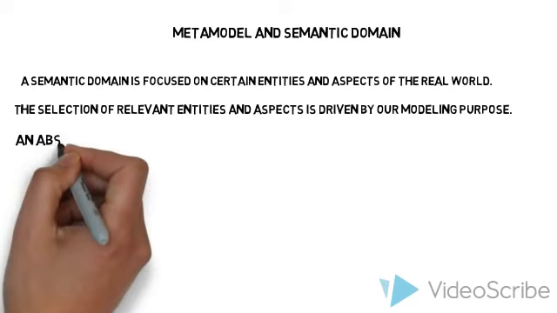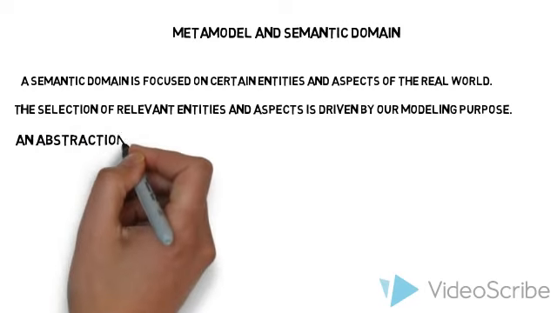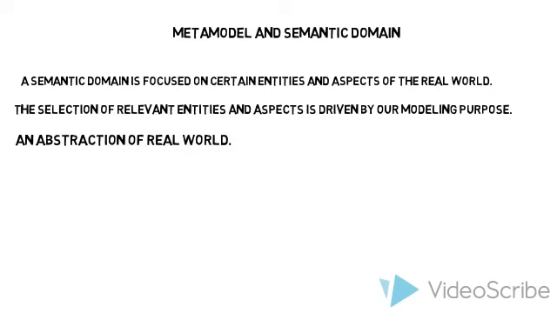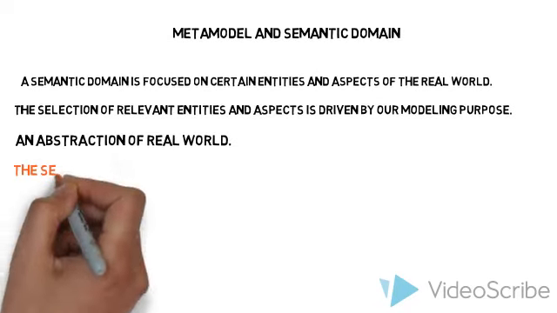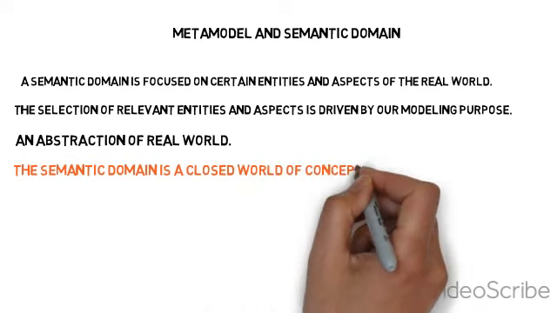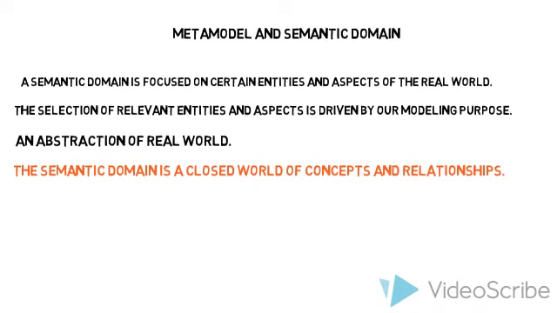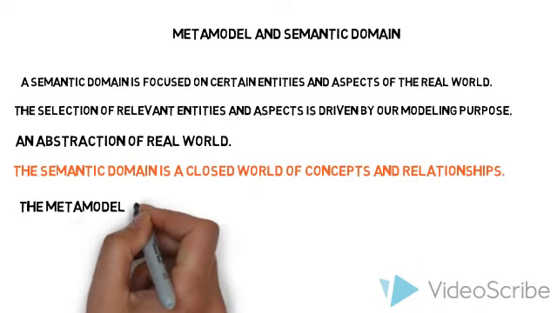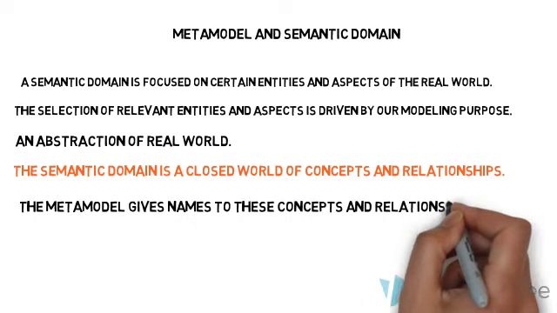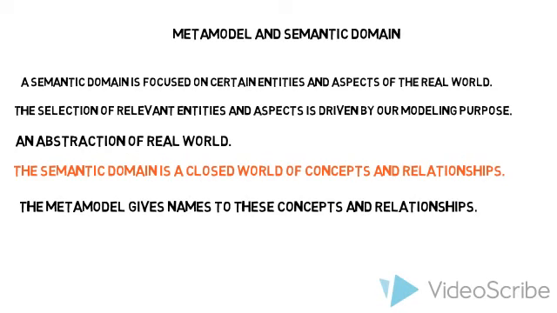We can say that the semantic domain is an abstraction of the real world, like a representation or a model. The semantic domain is a closed world of concepts and relationships, and the metamodel gives names to these concepts and relationships, but the metamodel gives no meaning and no interpretation.